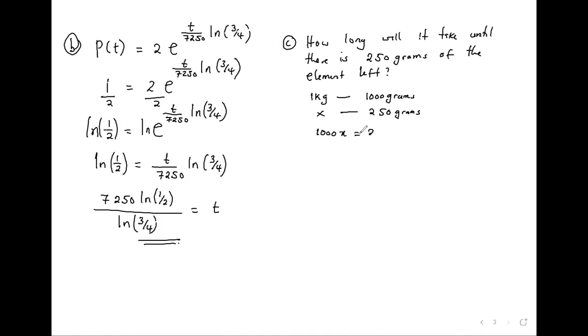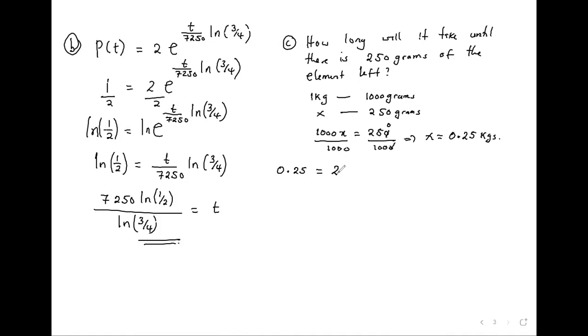X is equal to 250 divided by 1,000. So X is equal to, that is 0.25 altogether. So you get 0.25 kgs.